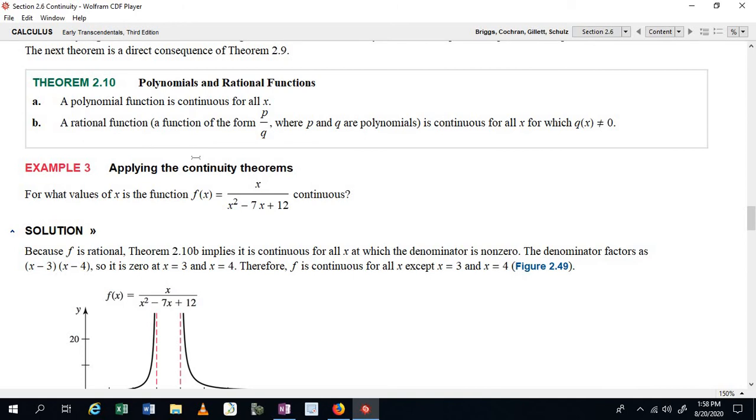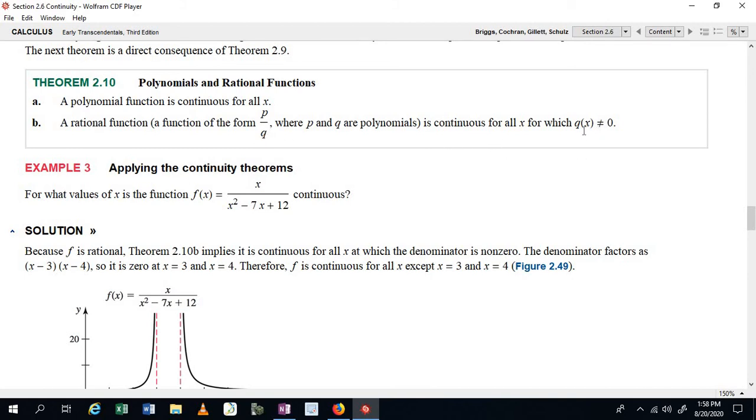Now rational functions in the form of p over q, where p and q are polynomials, that's the definition of a rational function. Okay, they're continuous for all x values for which q of x is not 0. And notice q of x is this bottom polynomial, the one in the denominator.